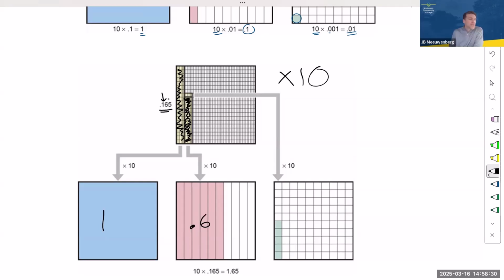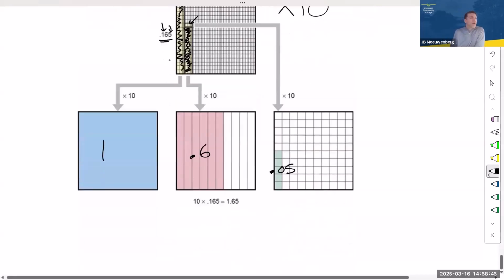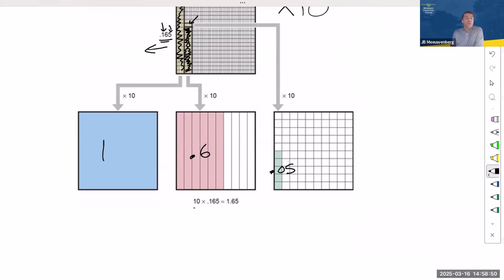And then we go to this last section, the 5 thousandths, which is shown there. If we multiply that by 10, those 5 thousandths turn into 5 hundredths. Each of those digits shifts one place value to its left. And so when you multiply 10 by 165 thousandths, you get 1 and 65 hundredths.